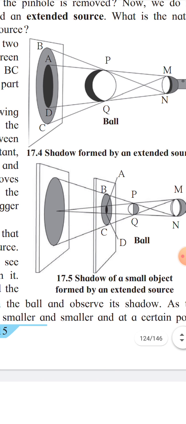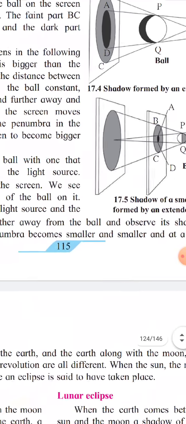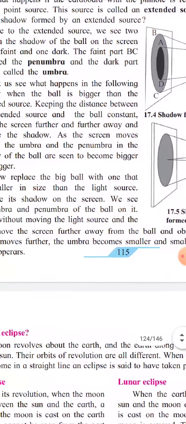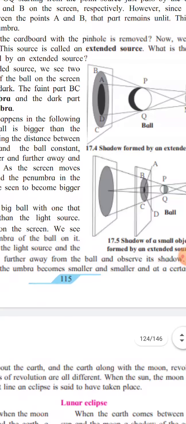Now, without moving the light source and the ball, move the screen further away from the ball and observe its shadow. As the screen moves further, the umbra becomes smaller and smaller, and at a certain point it disappears.